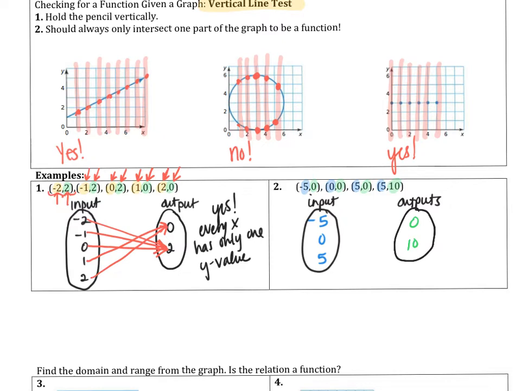Now I'm going to read the coordinates like I did before. Input -5 and output 0. Input 0, output 0. Input 5, output 0. Input 5, output 10. And here is where we get a problem.